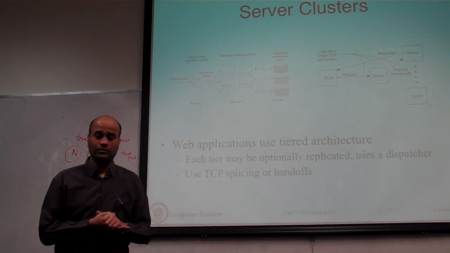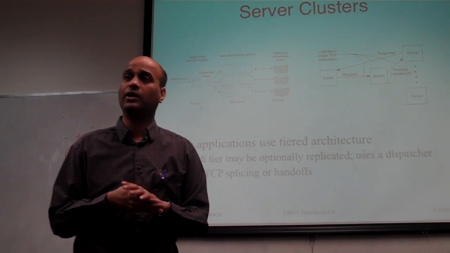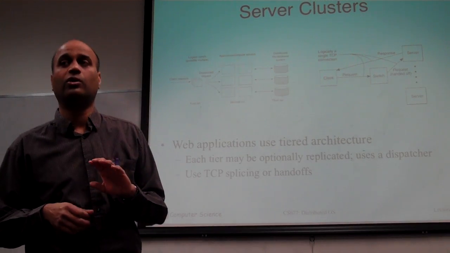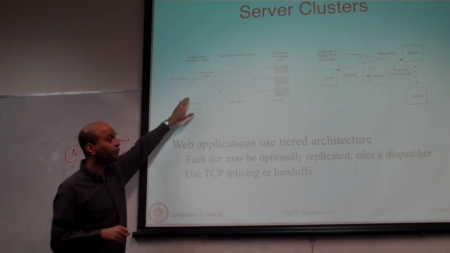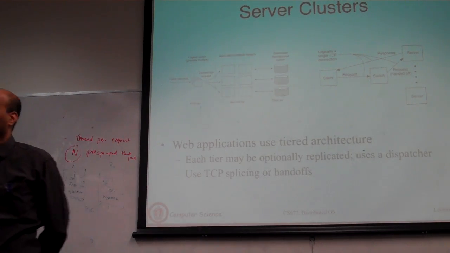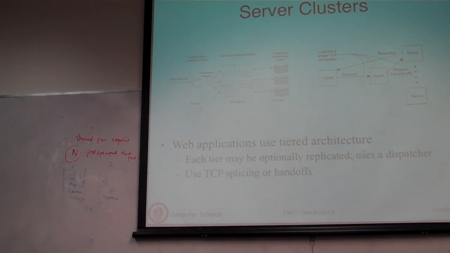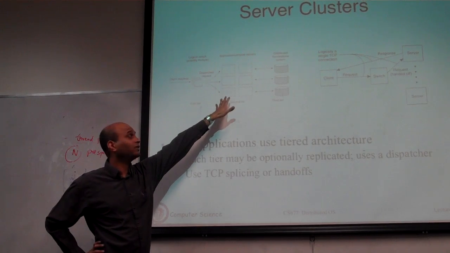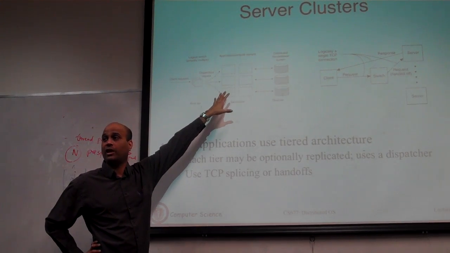Now that's what a typical dispatcher does, but in reality, the dispatcher has to do a lot more sophisticated things, because whenever you have these servers, typically the servers are stateful. They are keeping track of the state of the request. You can't simply send a request to whichever server you want. The reason is, let's say a user has established a session. Let's say this is some e-commerce site, Amazon or eBay.